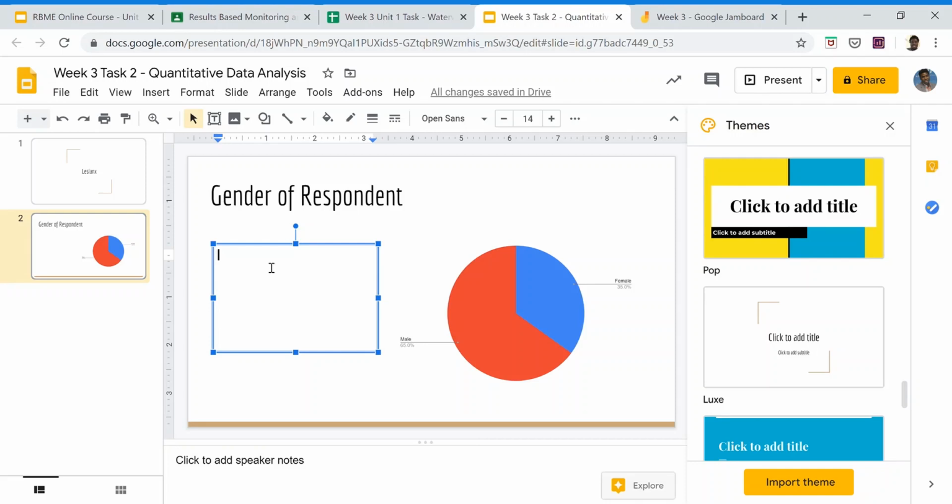So I'll just say that 65% of respondents were male, while 35% were female.